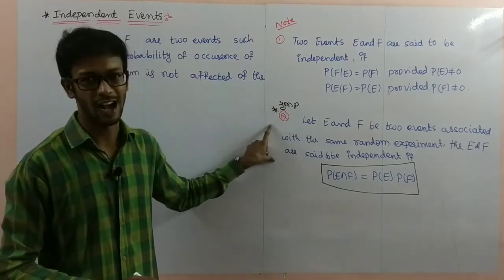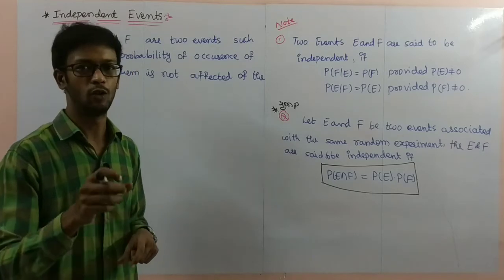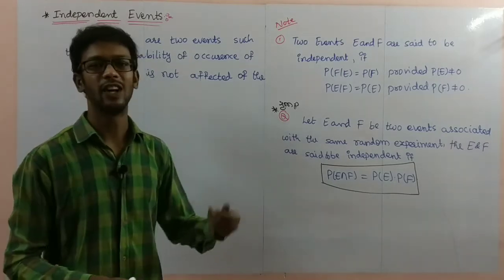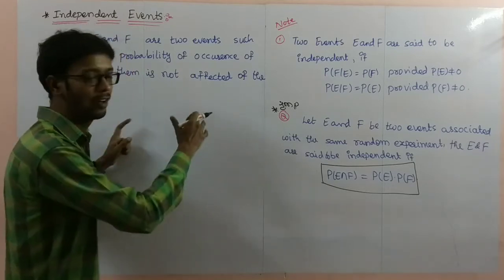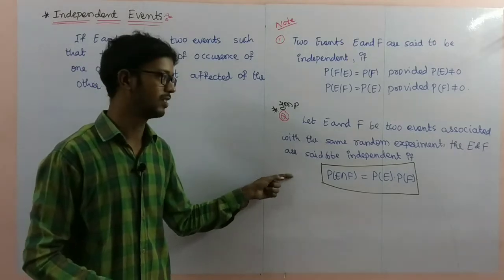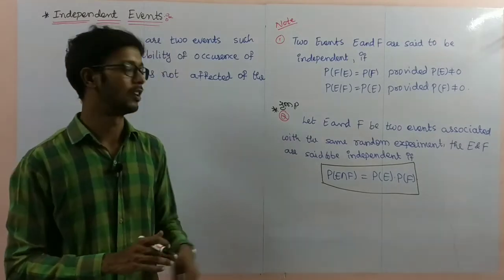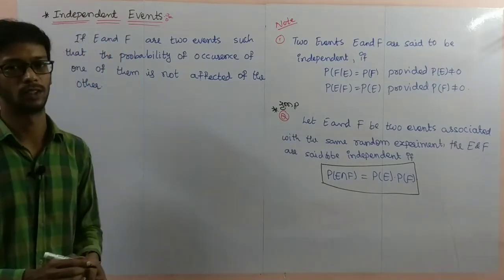So we will use this concept, P of E intersection F is equal to P of E into P of F, for independent events. Otherwise the two events are dependent events. So no need to use the total concept, only the second concept. Based upon the second point we will solve the problems. So pause the video to note it down. We'll see the problems.